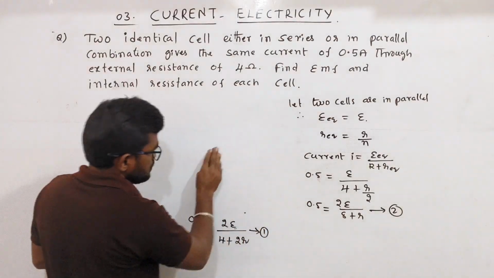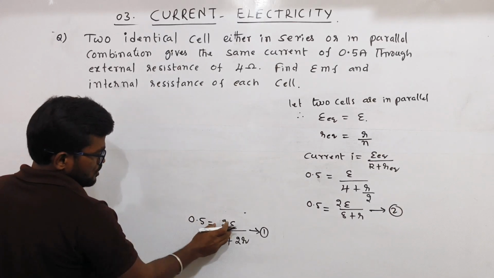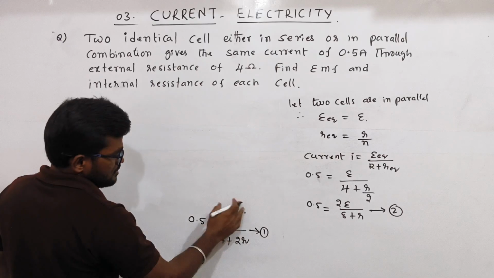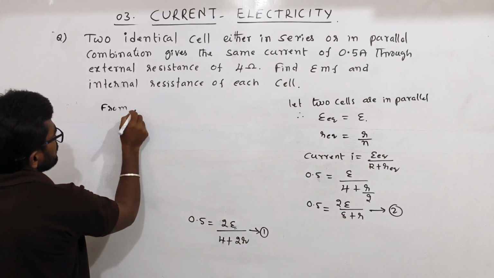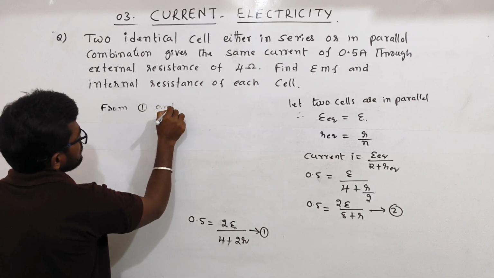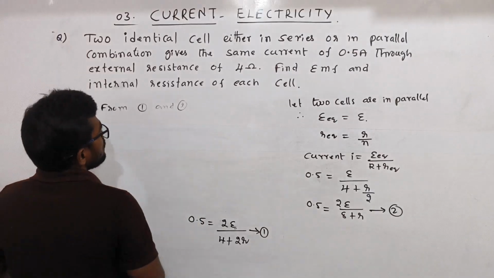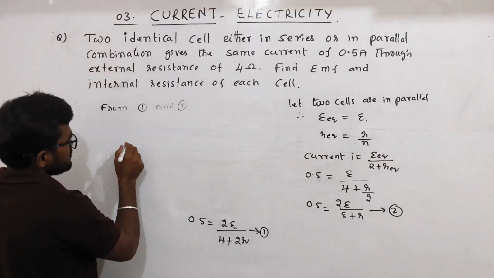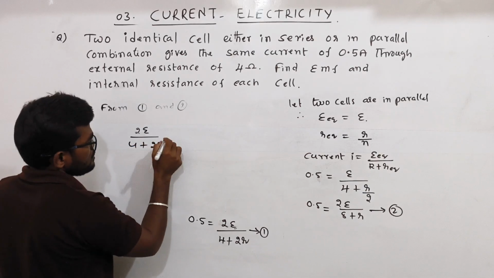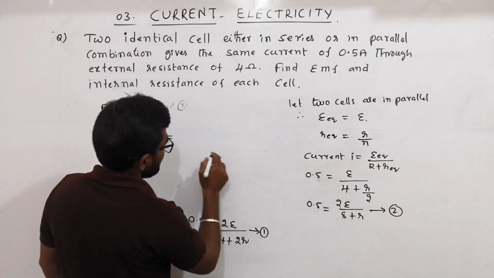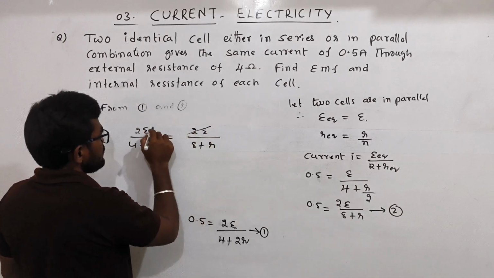The first equation is 0.5 is equal to 2E divided by 4 plus 2R. Let us write the right hand side only. From equation number 1 and 2, 2E divided by 4 plus 2R is equal to 2E divided by 8 plus R. 2E will get cancelled out.